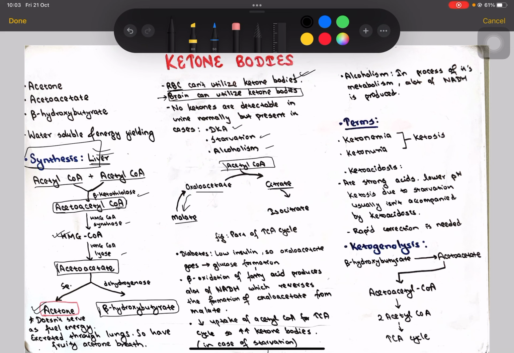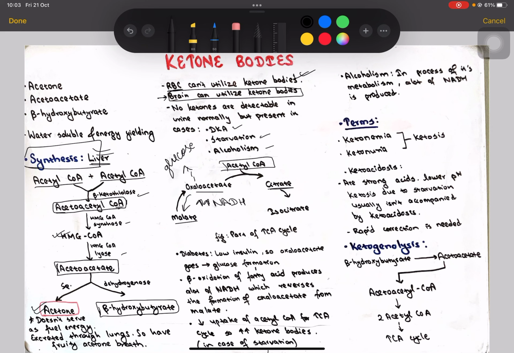Oxaloacetate can convert into malate whenever there is a high level of NADH. This is very important to know. Okay, let's discuss. In diabetes, there will be low insulin, and whenever there is low insulin, oxaloacetate will go into the formation of glucose via gluconeogenesis.